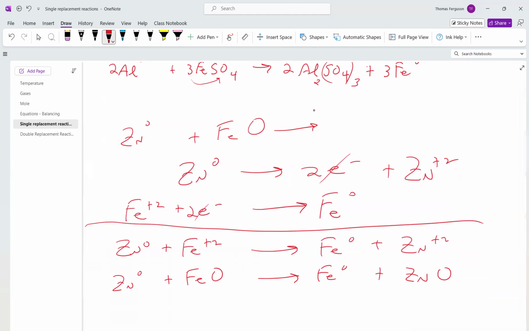Spectator ions are very common. We're going to see these again tomorrow for double replacement reactions. Remember, spectator ions are usually anions, by the way. Sometimes they're cations, sometimes they're anions, but they don't do anything, so they go through unchanged. So this reaction happens.